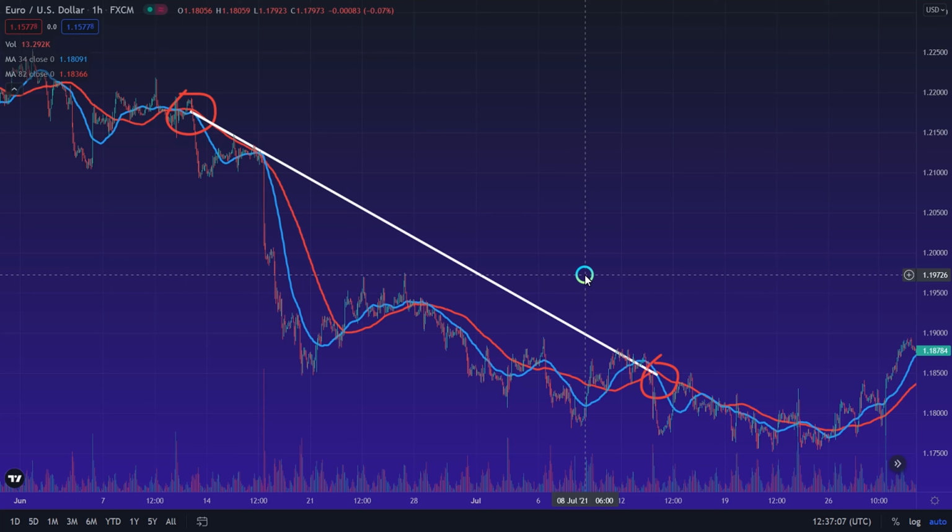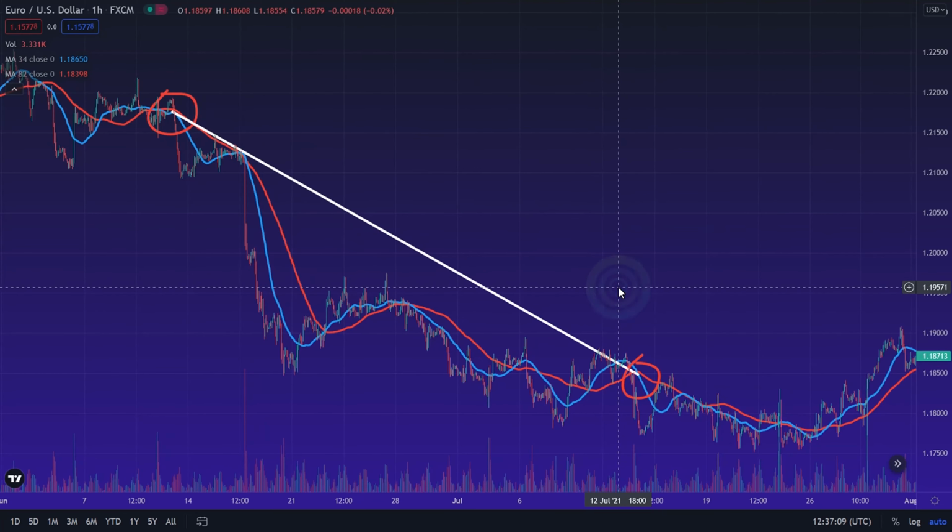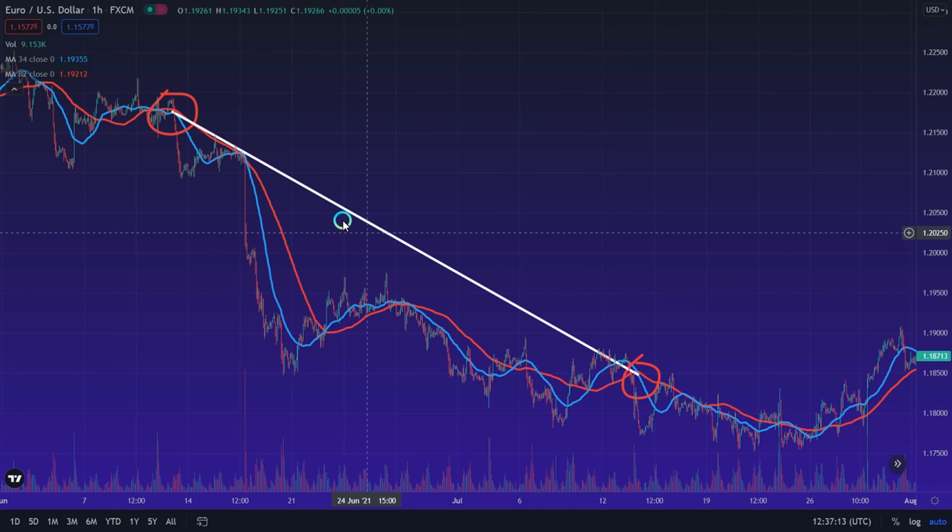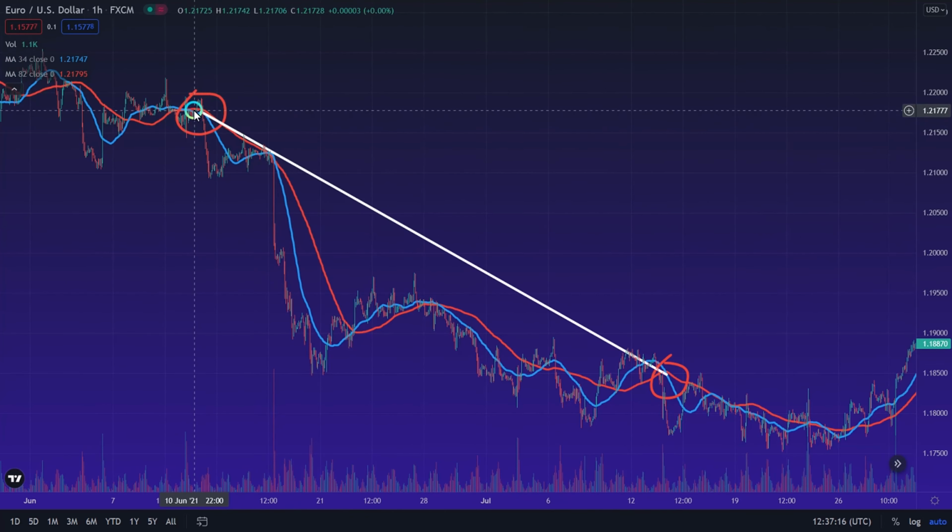So let's see. The first condition is that you have to wait 1000 minutes after the entry of the trade. Why is that important?